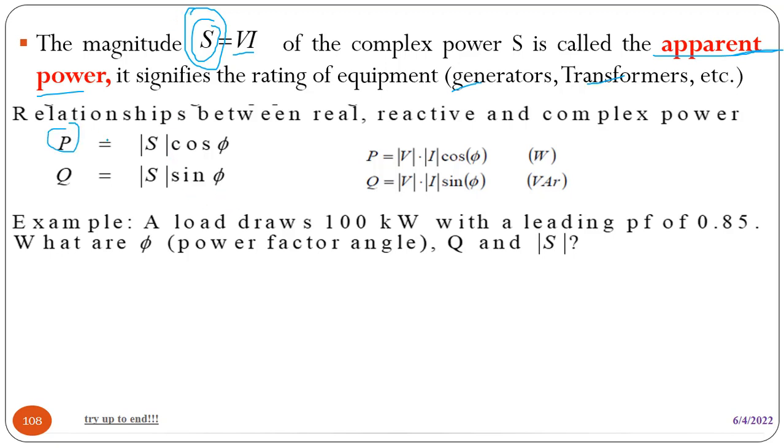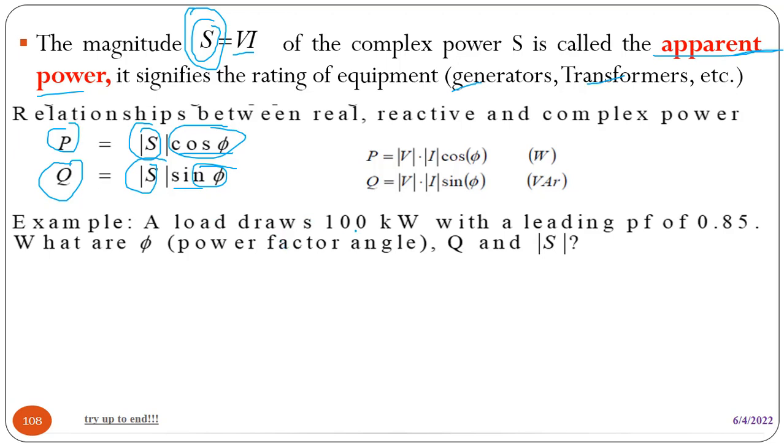The active power is equal to the magnitude of the complex power times cosine of the angle, which is the power factor. And the reactive power is equal to the magnitude of the complex power, which is apparent power, times sine of phi.